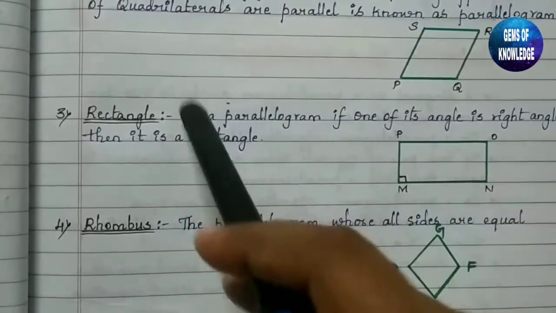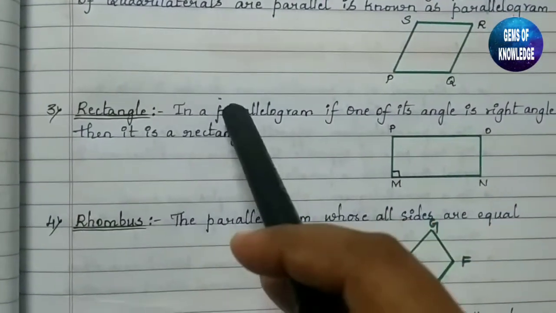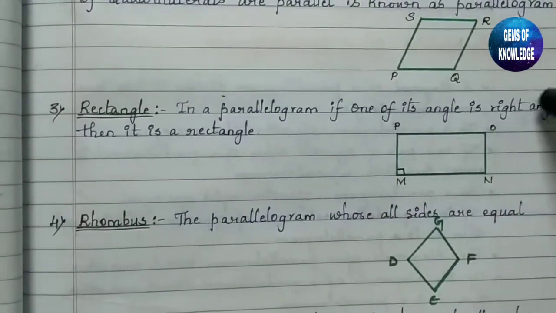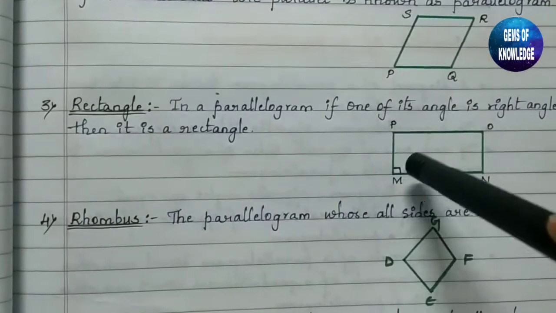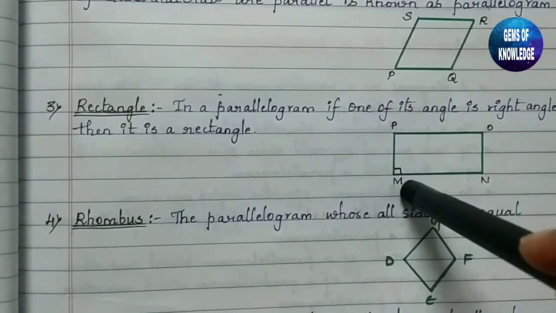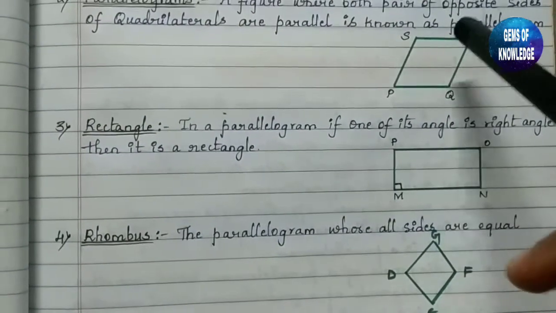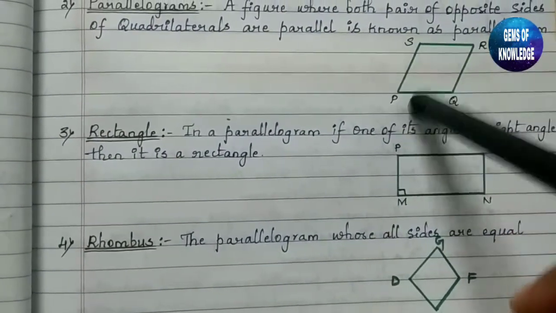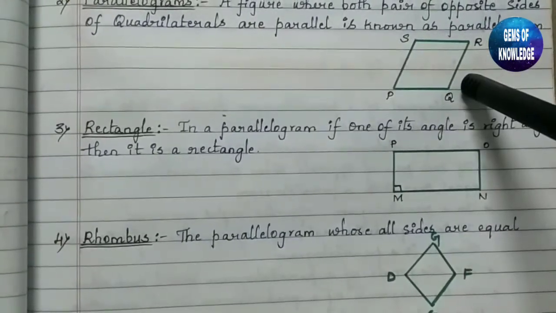This is a type of quadrilateral. In a parallelogram, if one of its angles is a right angle, then it is called a rectangle. What is a parallelogram? The parallelogram is where both pairs of opposite sides must be parallel.